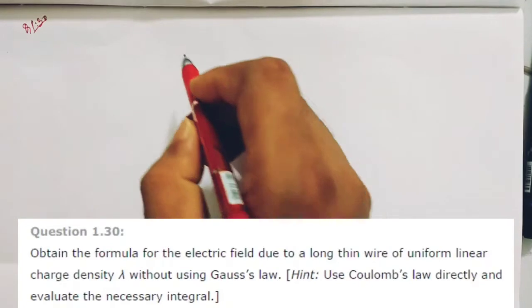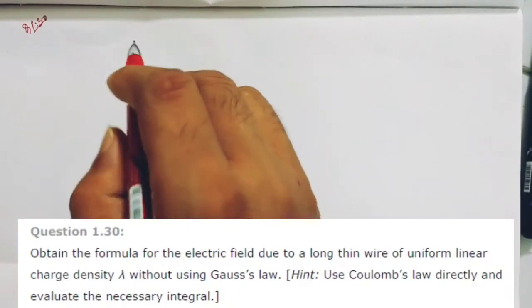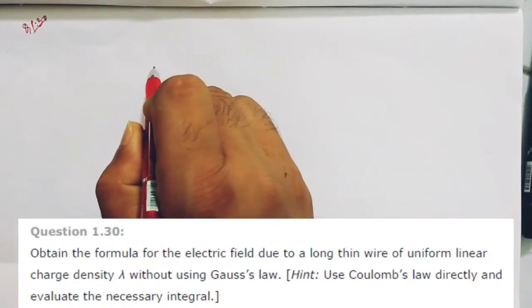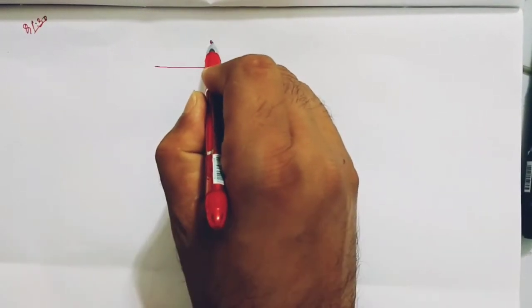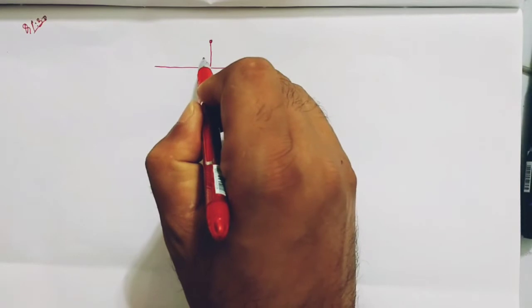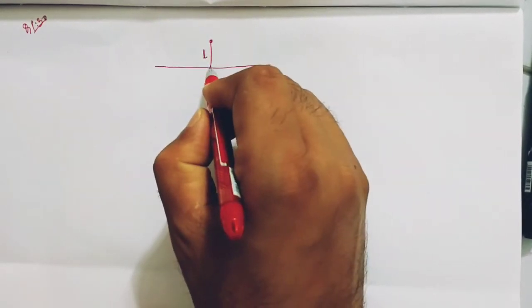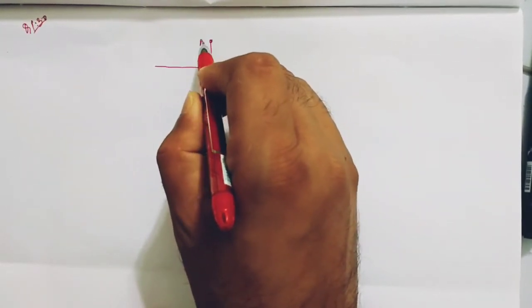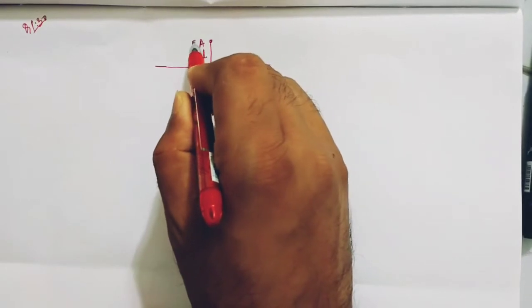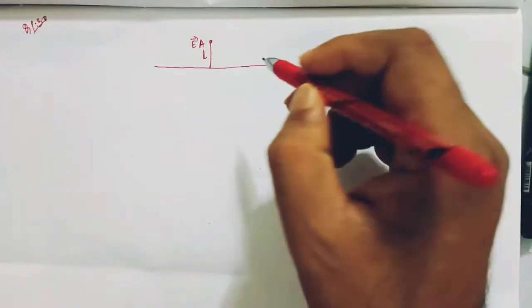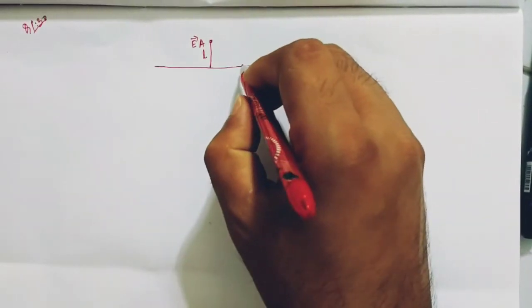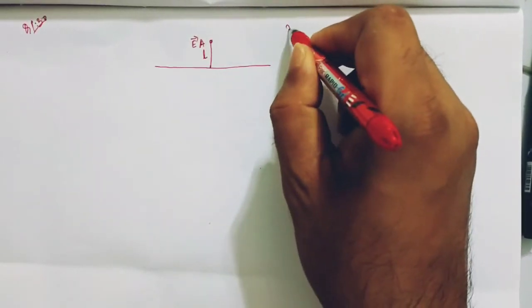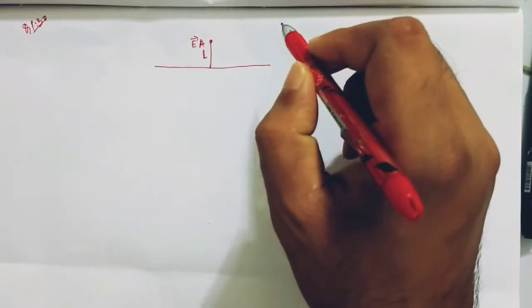Without using Gauss's law, we need to find the electric field of this long thin wire at a certain point at a distance L from the wire, say point A here. Suppose the linear charge density is lambda.